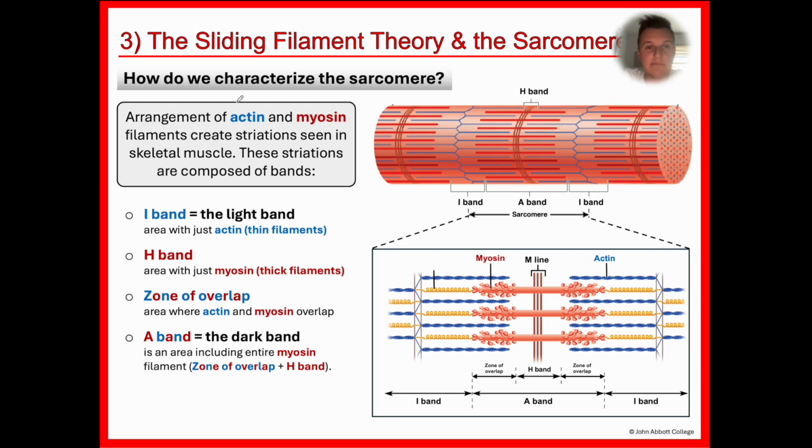So, how do we characterize the sarcomere? Remember I told you that a sarcomere is from one Z line to another Z line, right? A sarcomere is the arrangement of actin and myosin filaments that create striations seen in skeletal muscle. Do you see these darker regions, these lighter regions, darker, lighter?